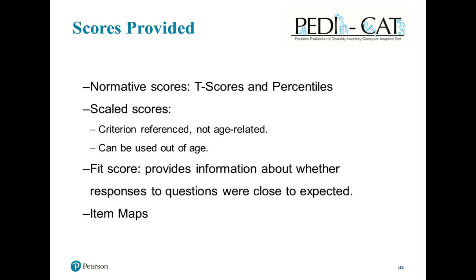The normative scores are age-related, so they're based on the normative sample for the specific ages that were included in the normative sample. The scale scores are not age-related. They represent the child's current status along the continuum of functions represented in the domains. So it's criterion referenced, not age-related, and can be used out of age.